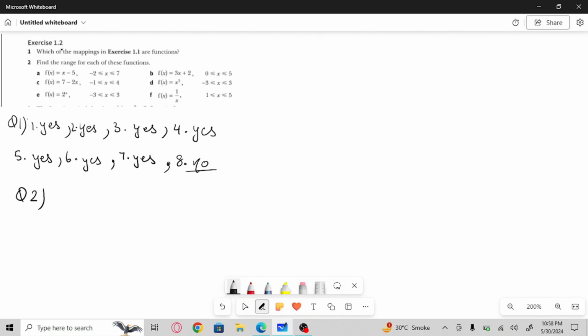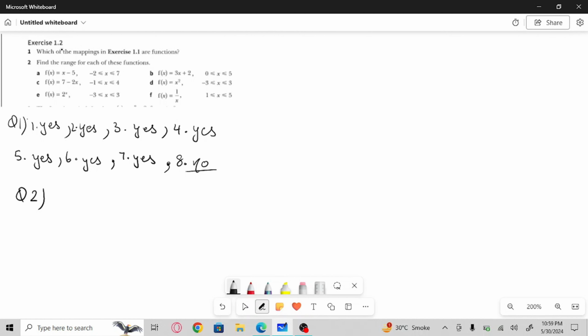And if we see here, we are asked to find the range of each of the following functions. So as we discussed earlier, the inputs we give are called the domain, and the outputs we get after they follow a specific rule are called the image or the range of the function.